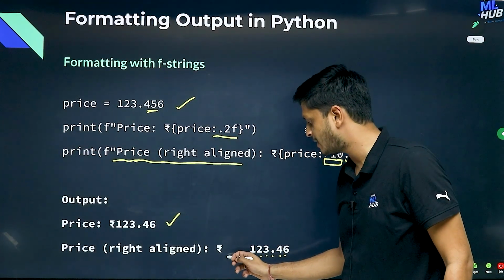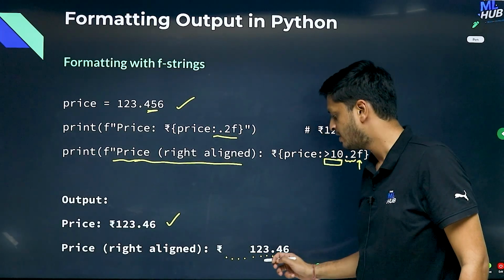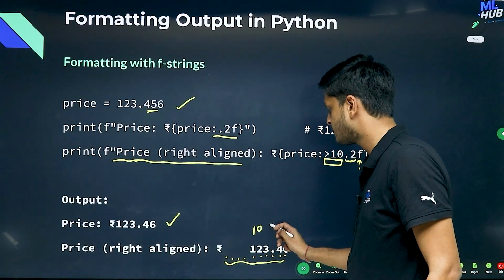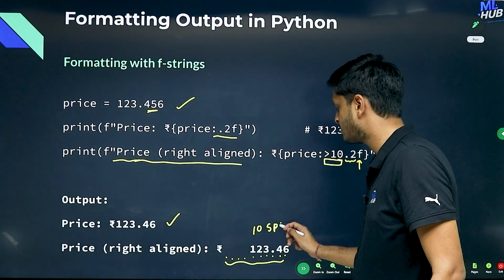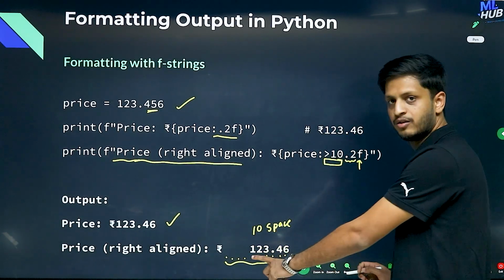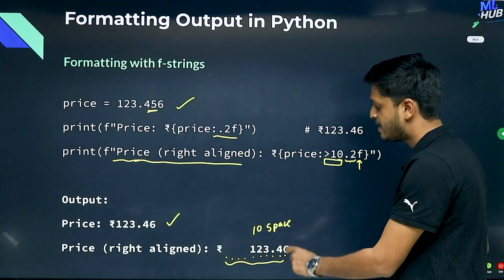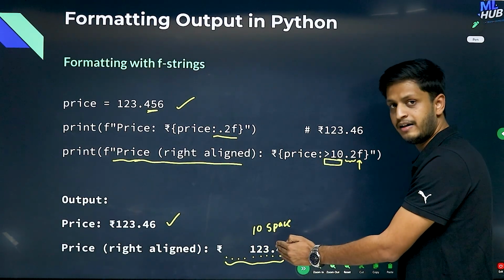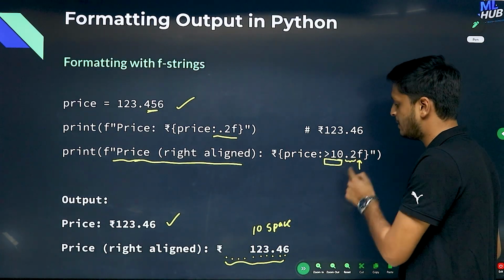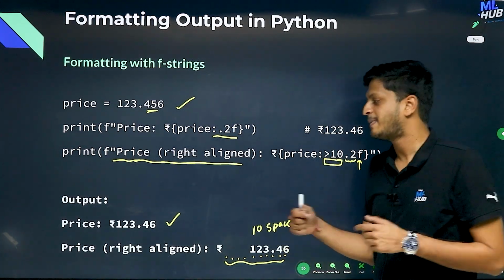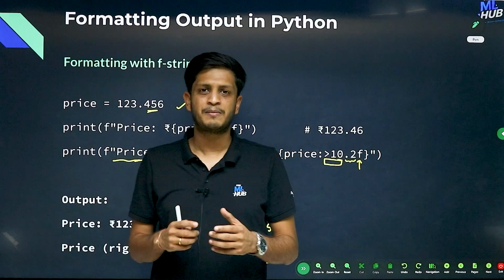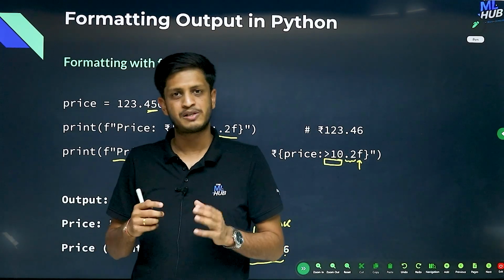So 4 spaces will be added, 1, 2, 3, 4, so that the entire value takes 10 character spaces. It takes 10 spaces and it is right aligned. The entire number is right aligned, and after the decimal you are only printing 2 decimal places. This might be a little confusing or complicated at first, but in the demo we will see more such examples, so it will become clearer.